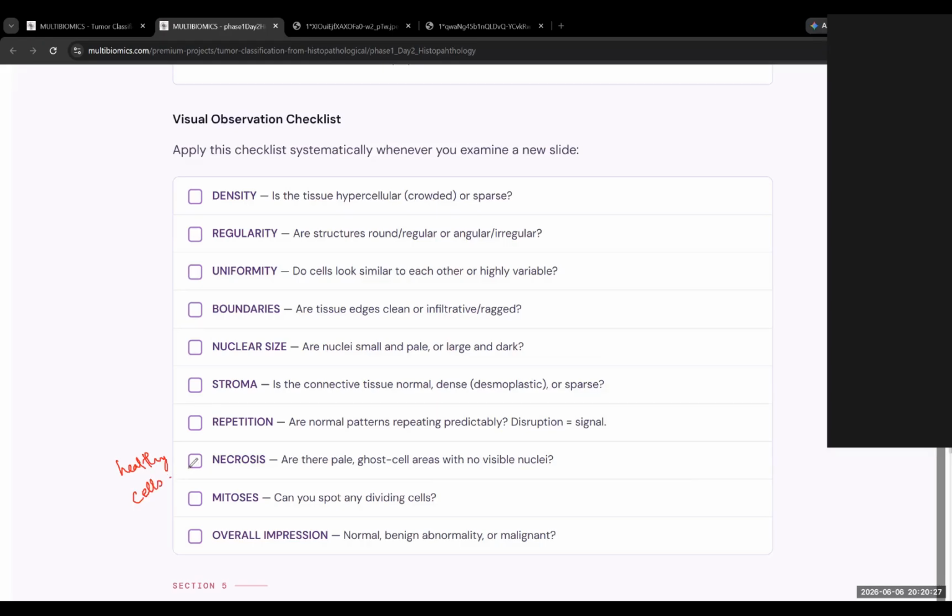Uncontrolled death of cells, which kills the healthy cells. At that place you will not get visible normal nuclei, only cancerous nuclei will be there. Cells are dividing fast, so you should look for mitosis also. And the overall impression, what you are inferring, you also have to understand.